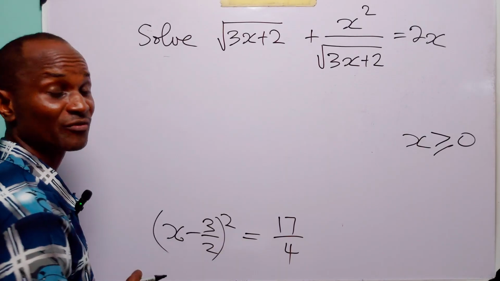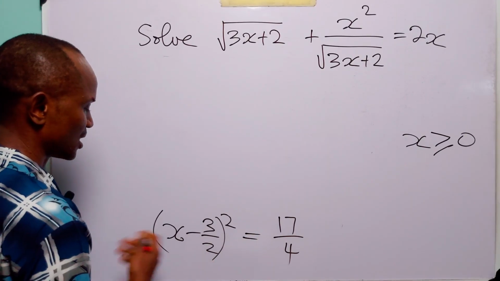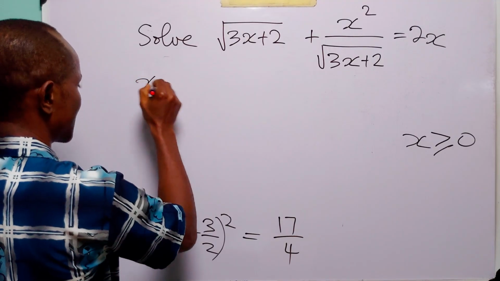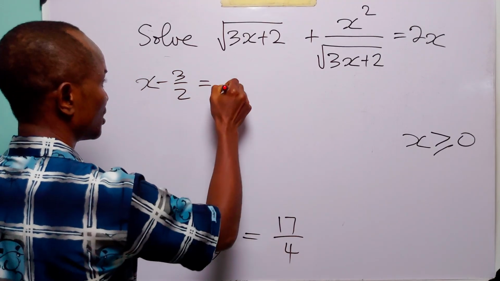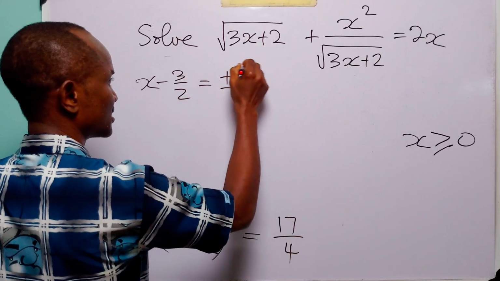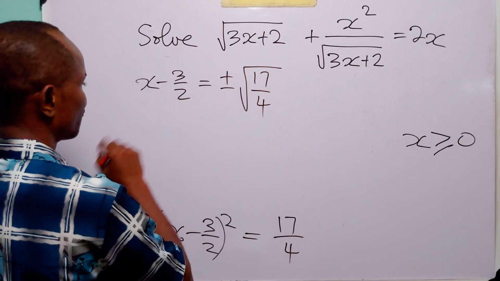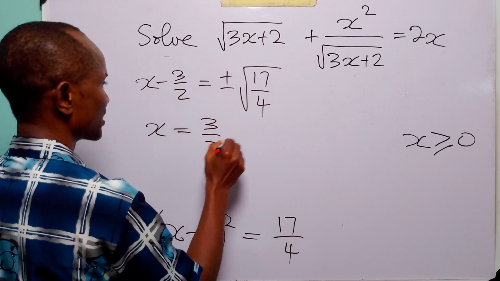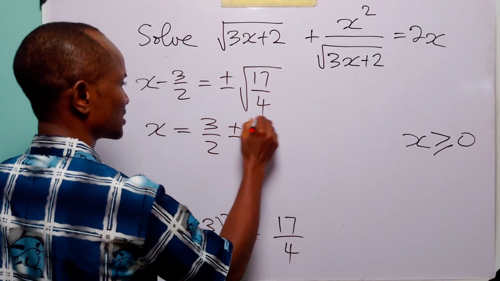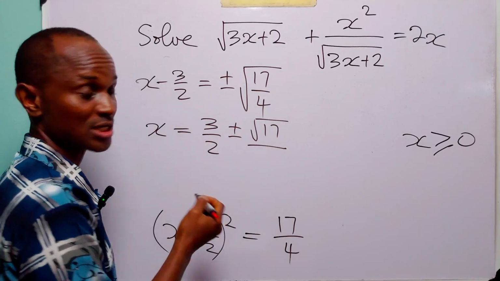Now, the next step to solving this equation is to take square root of both sides of this equation. When we do that, we have that x minus 3 over 2 is equal to plus or minus square root of 17 over 4. From here, we have that x is equal to 3 over 2 plus or minus root 17 over the square root of 4, which is 2.